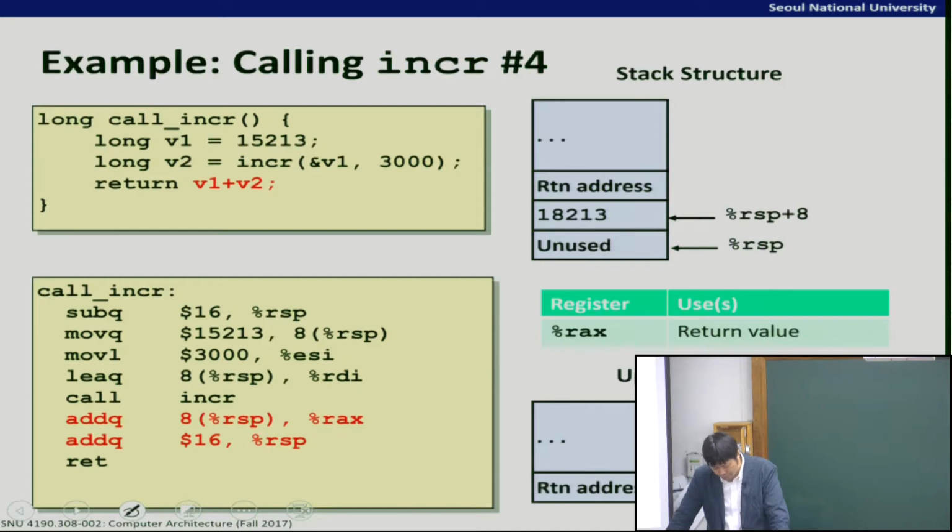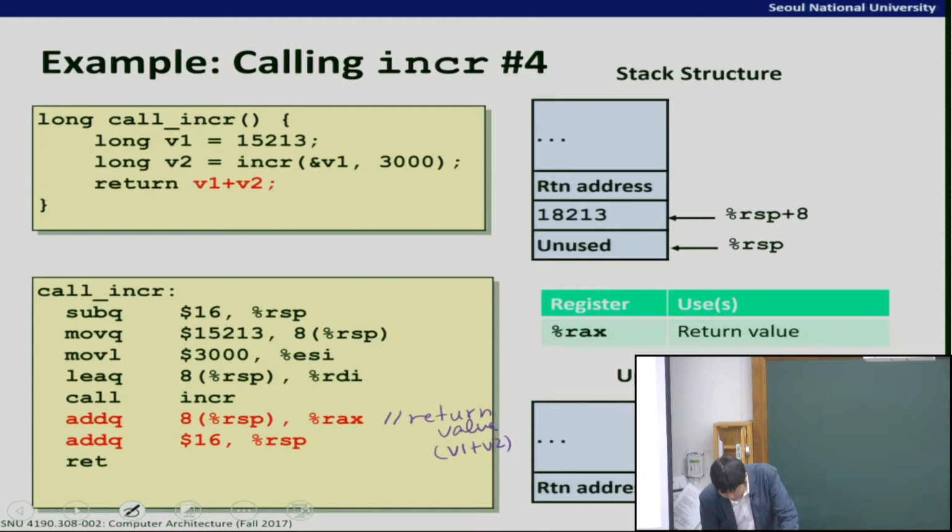You add the two values, the original value and the new value, and then put the result into the RAX register. So this sets the return value, which is V1 plus V2 in this case.